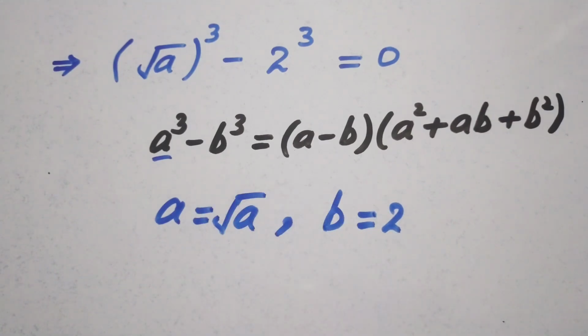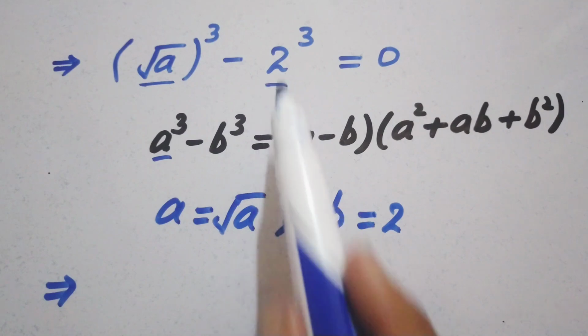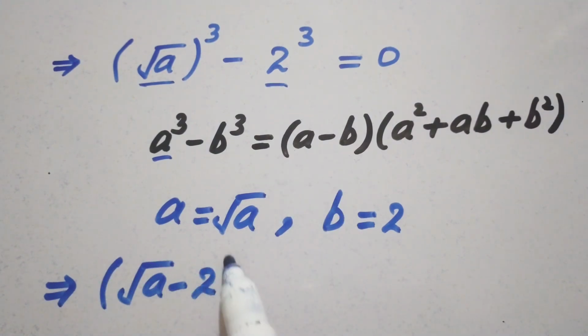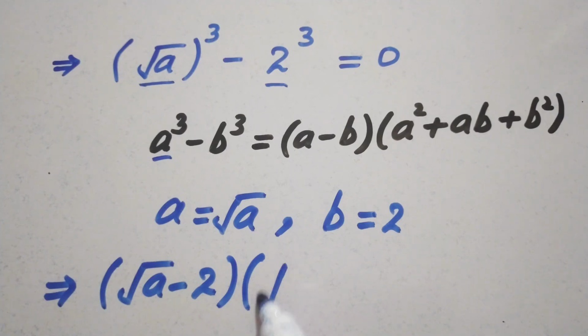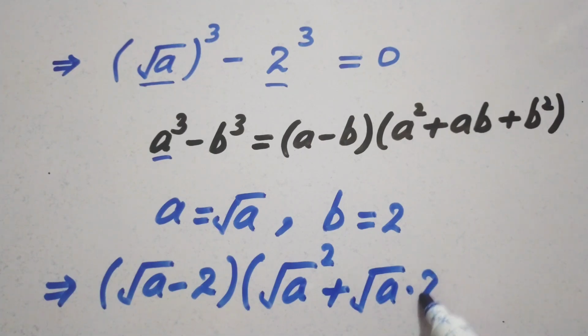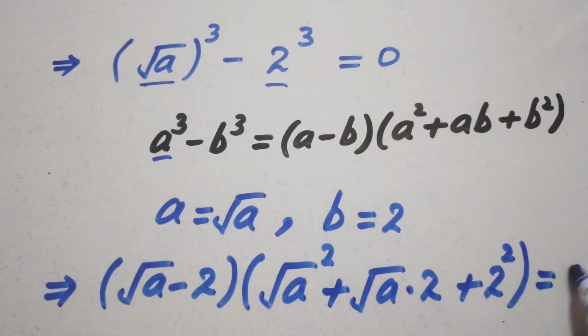Now we will apply this identity. This will become square root of a minus 2 into square root of a squared plus square root of a multiplied by 2 plus 2 squared, and this whole thing is equal to 0.